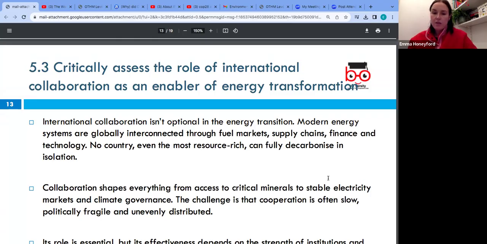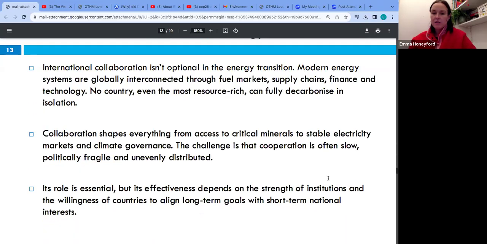No country, even the most resource rich, can fully decarbonise in isolation. This highlights the interconnected nature of the energy transition, and we all need to work together. Collaboration shapes everything from access to critical minerals to stable electricity markets and climate governance.